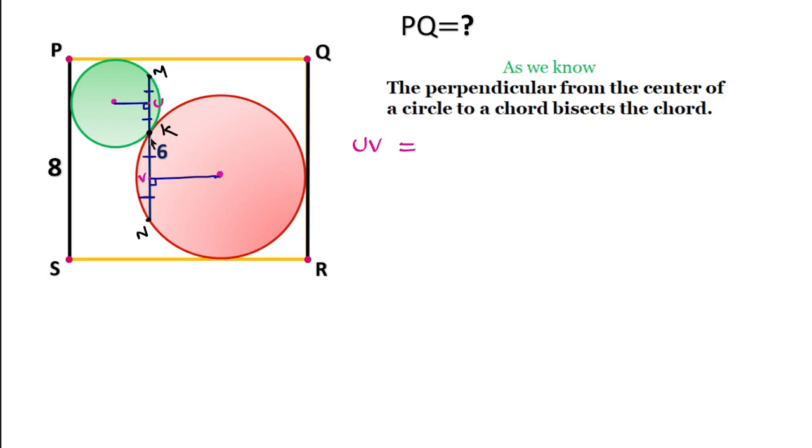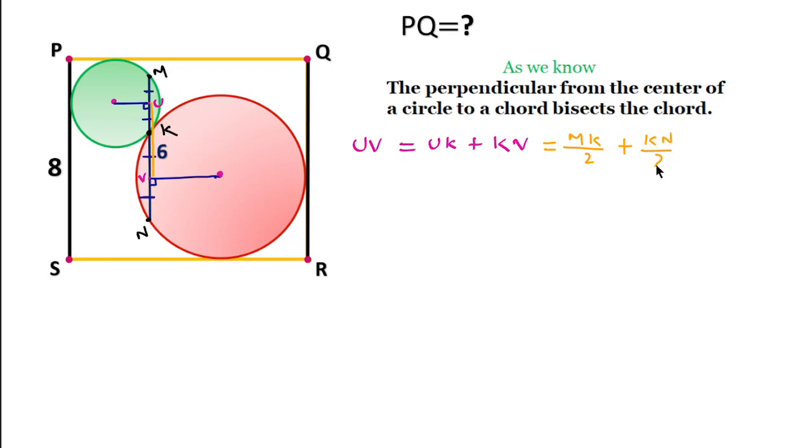We can say that UV equals UK plus this KV. I am talking about this length UV, and we can write UK equals half of chord MK. If you see, then you will observe, and KV equals half of chord KN.